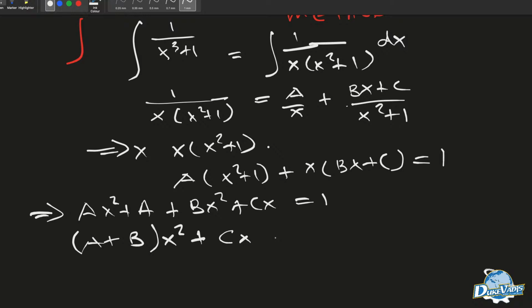Now, if you look at the thing very well, you see that we are able to expand this. When we expanded this equation, we have Ax squared plus A, then the next one is Bx squared plus Cx, equals 1.